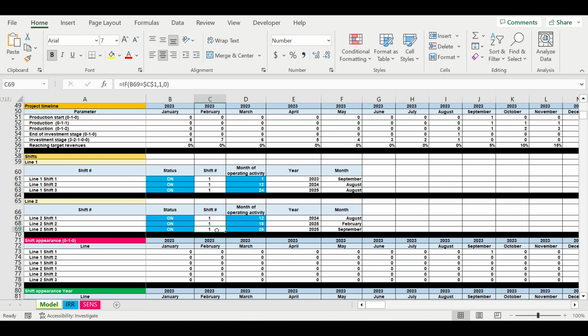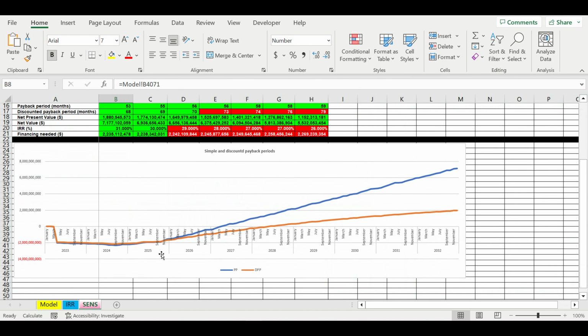So we have line 1 working 1 shift a day and line 2 working 1 shift a day. Then we move to the simple and discounted payback period diagram and see what will happen with our business idea.